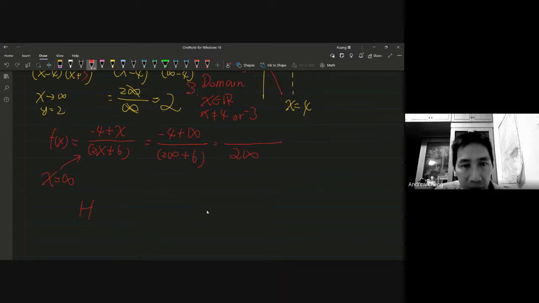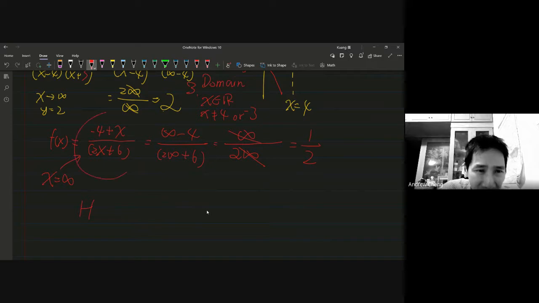All right, this you can change place. You can say infinity minus 4. Again, minus 4 doesn't matter. Infinity minus 4 is still infinity. And then cross out infinity here. So it becomes 1/2. So the horizontal asymptote of this function is y equals 1/2.